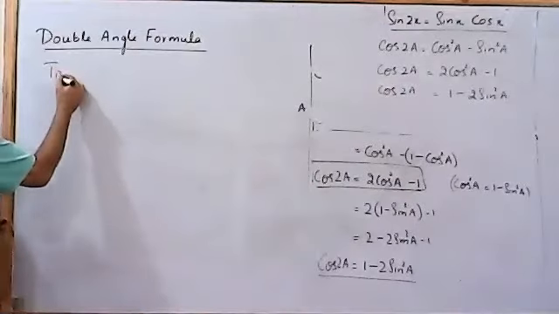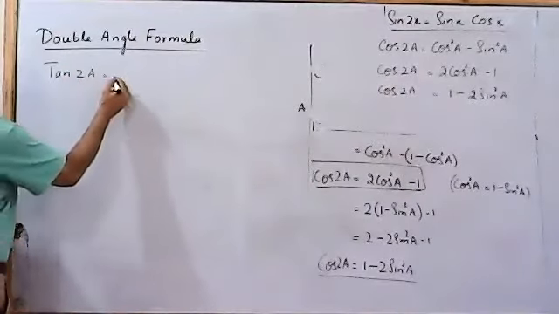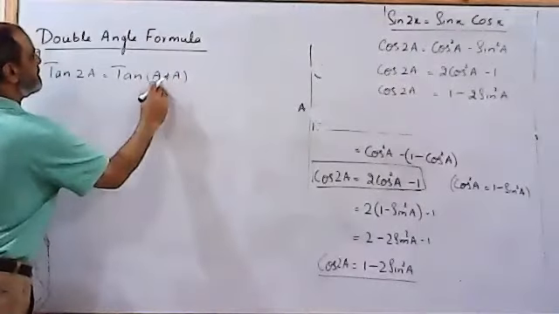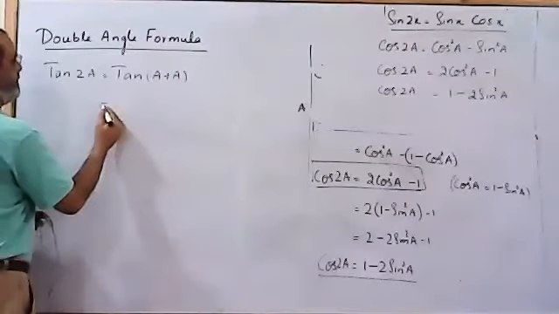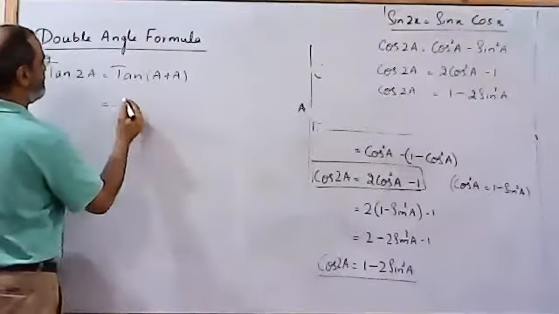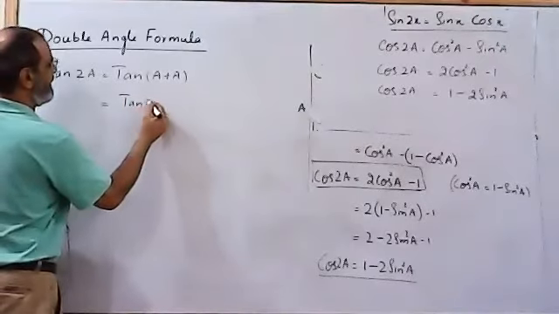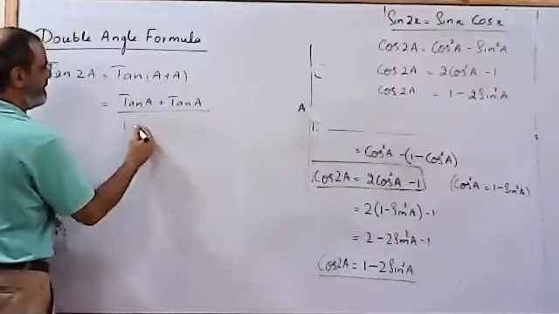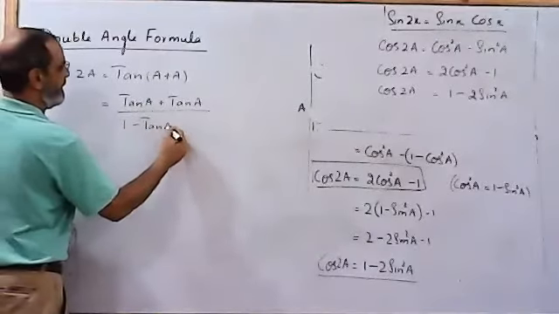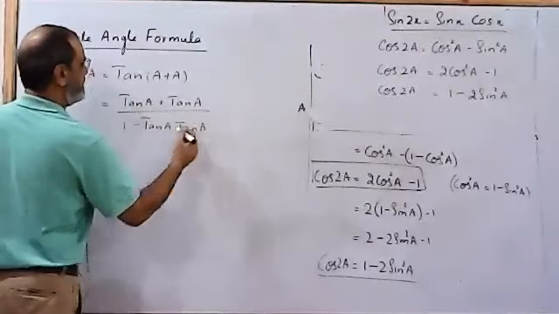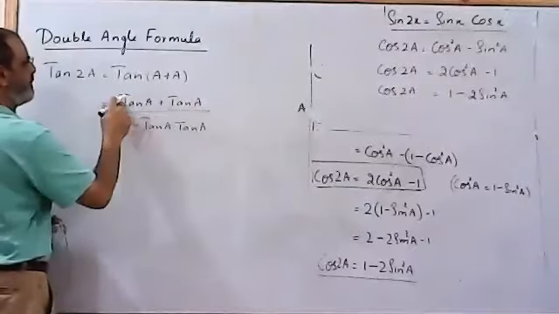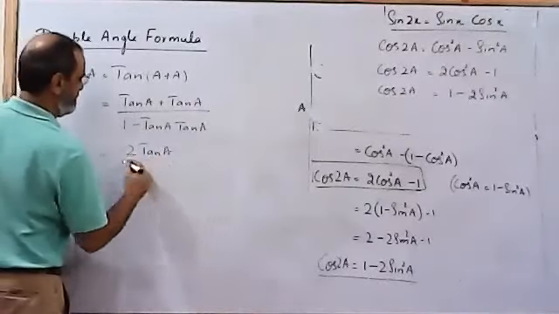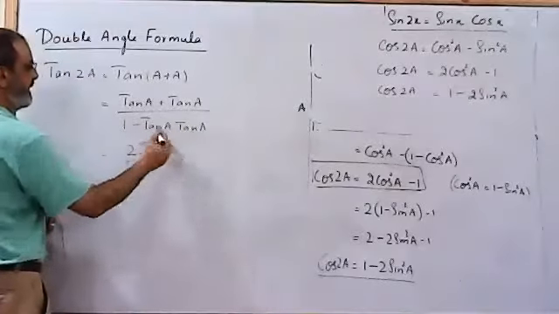Tan 2A can be written as, if I apply the compound angle formula, tan A plus tan A over 1 minus tan A tan A. These two are identical terms, so I can add them. These two are identical terms, so I can multiply.